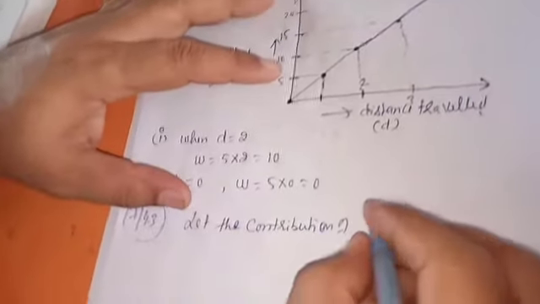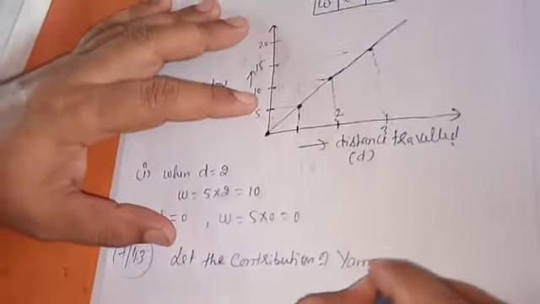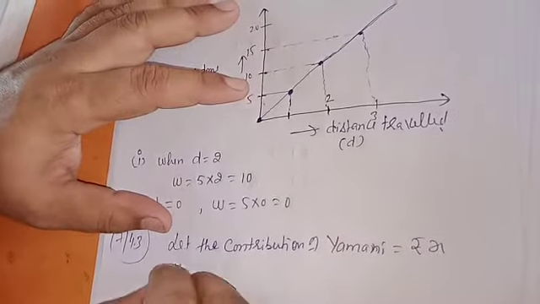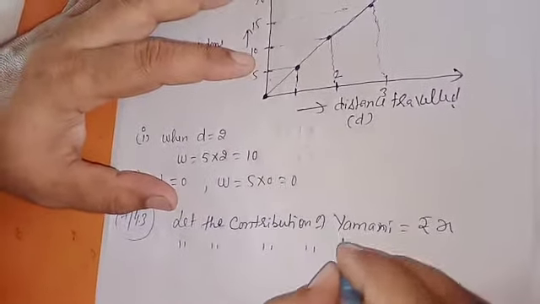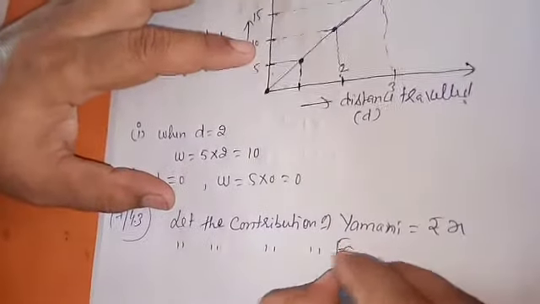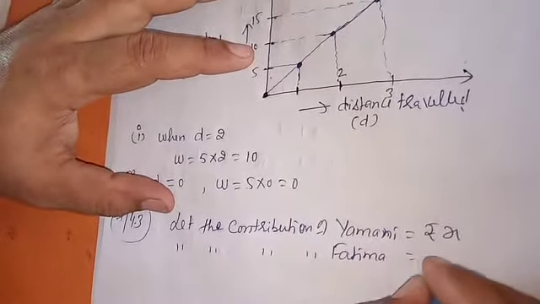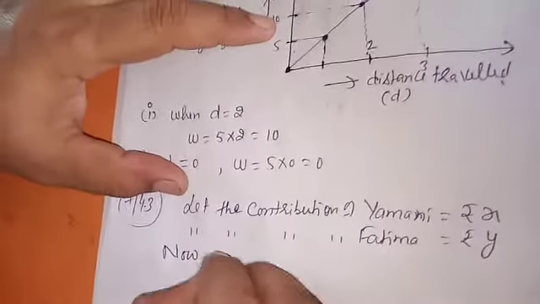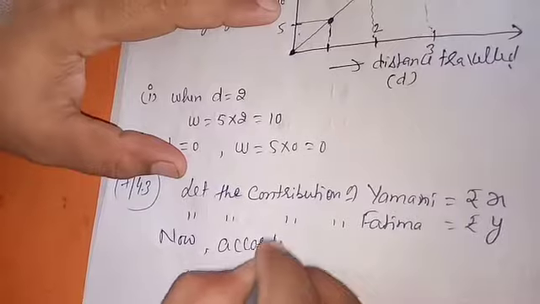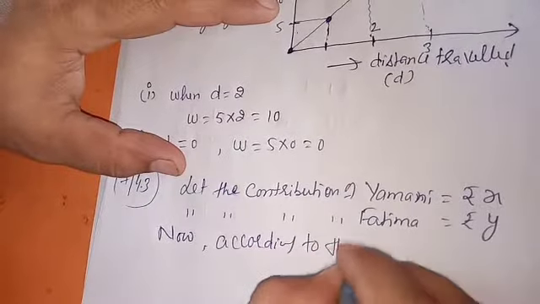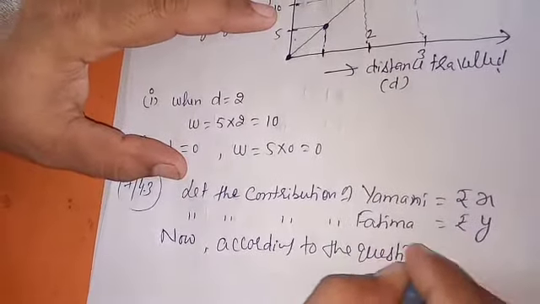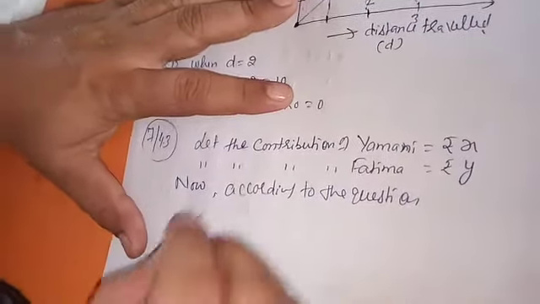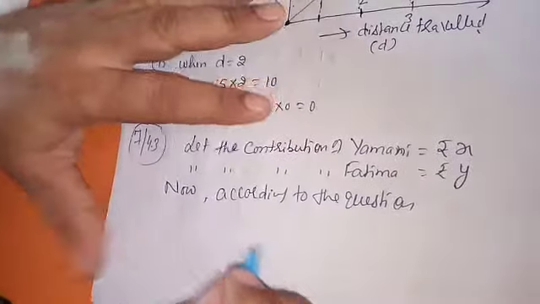of Yamini be how much? Rupees x. Let the contribution of Fatima be how much? Rupees y. Now what? According to the question, both contributions together are 100 rupees, and you have to write a linear equation in 2 variables.